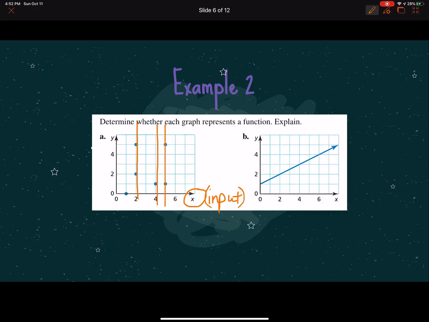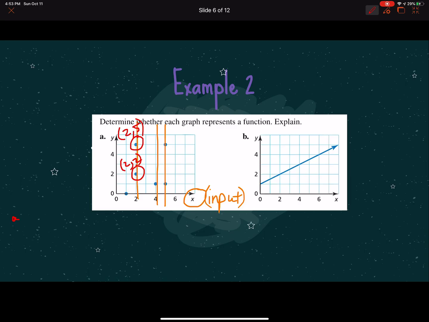So if I'm looking at this and I see right here, this passes more than one place, I can say that this is not a function, because I could actually draw a vertical line through these points, which this one is coordinates 2, 2, and this one is coordinates 2, 5. And if they have the common input, our x is 2, then it is not a function.